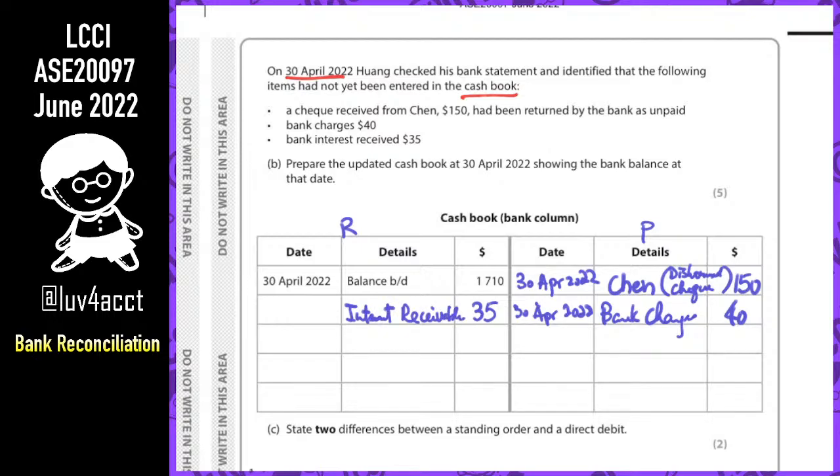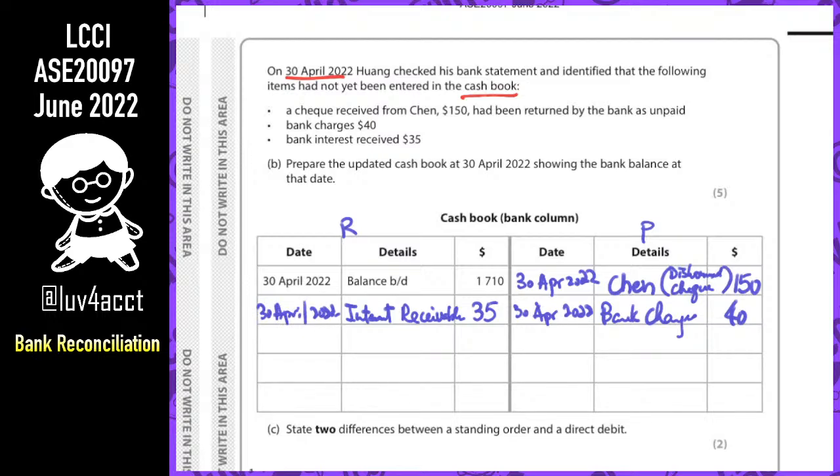Remember for interest, by default an interest is an expense. So if it is an income, interest received, then you have to mention that it is interest income or interest receivable or interest received, to show that it is an income. It's not an interest expense.